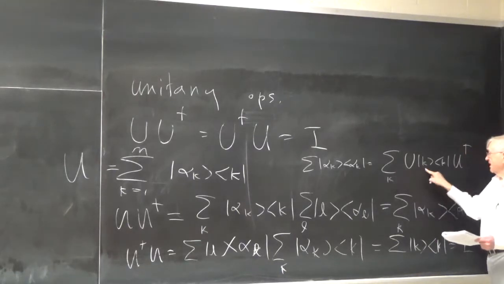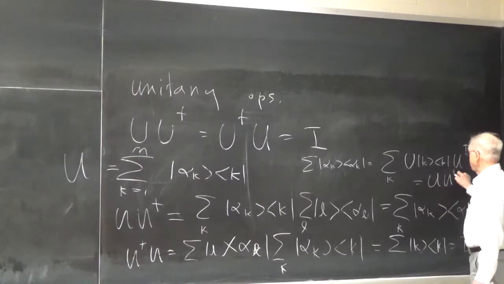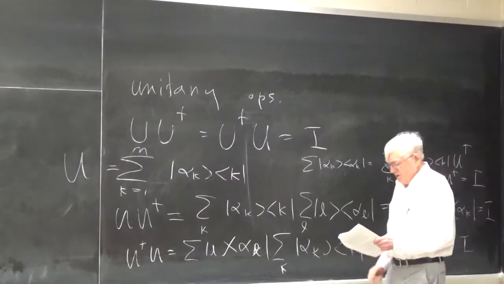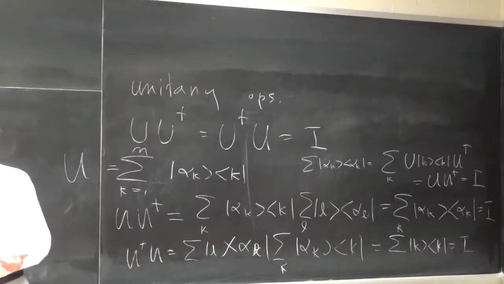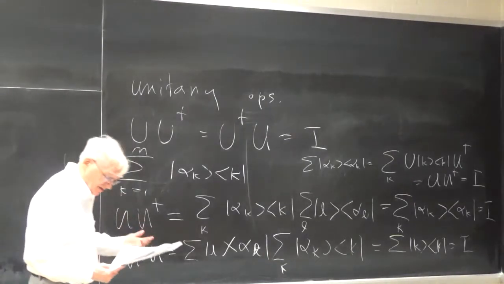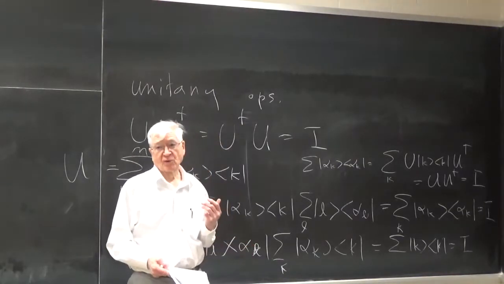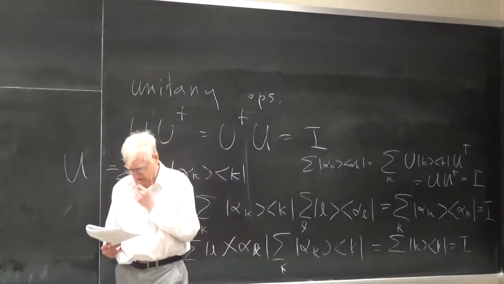This sum over k here is the identity operator, so this is u dagger, and that's 1. So what's important to keep in mind is that every unitary operator maps every orthonormal basis into another orthonormal basis. And so they're very important in quantum mechanics.